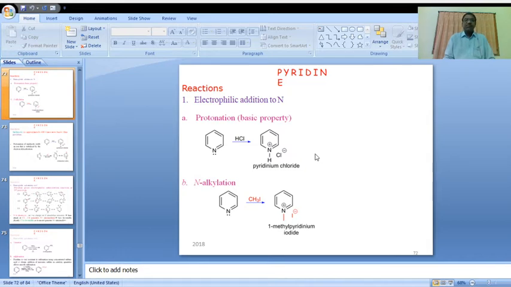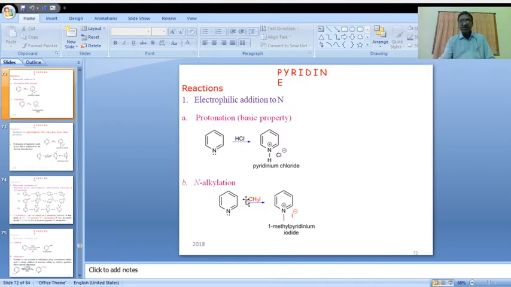Is it clear? Now let us go to another reaction, the N-alkylation reaction. On the heteroatom, alkylation takes place. Here the pyridine ring reacts with an alkyl iodide, methyl iodide we are using.